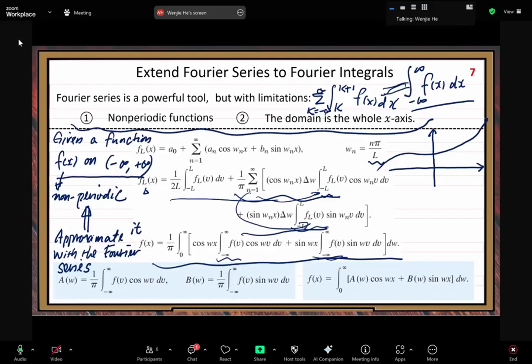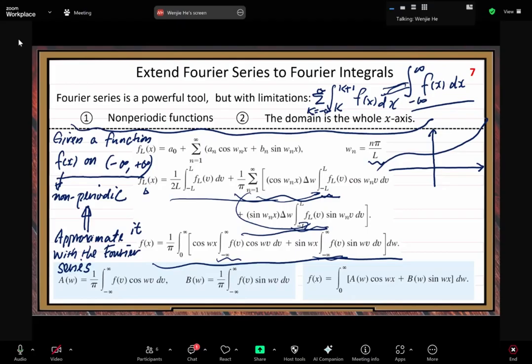If we do that, then we can do the Fourier series expansion. The answer is yes, we can do that. So what's the special work?